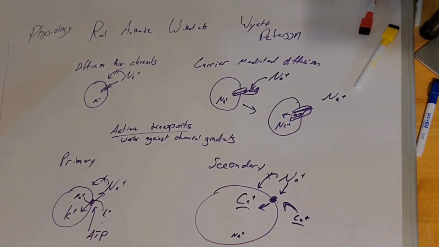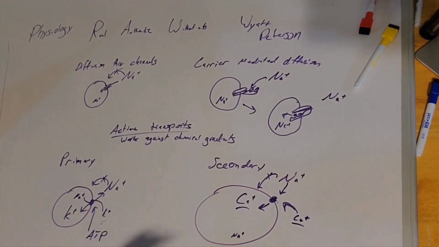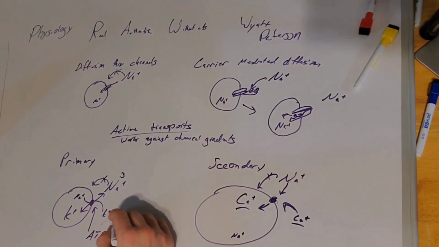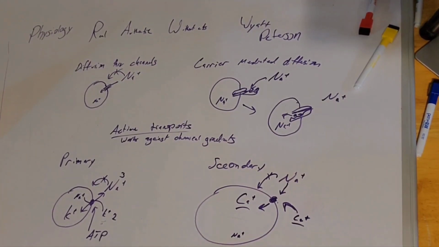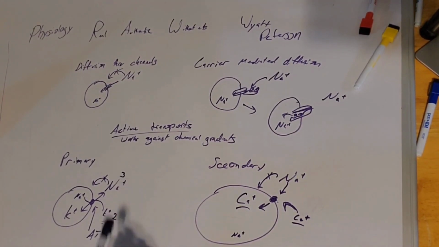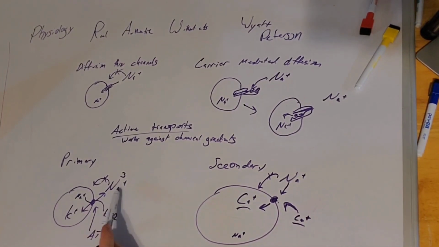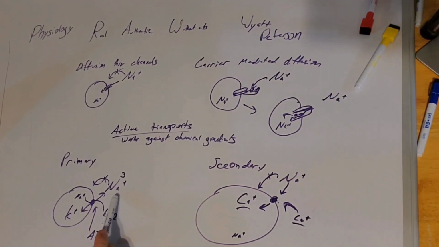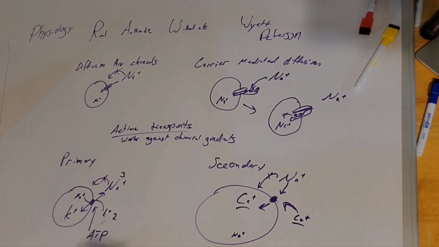So with saturation, for this protein to work, I think it needs 3 and 2. So 3 sodiums and 2 potassiums. And so if the system is highly saturated with sodiums, so if it's highly saturated with all 3, the rate is going to be really fast as the protein can work, and it'll just keep going.